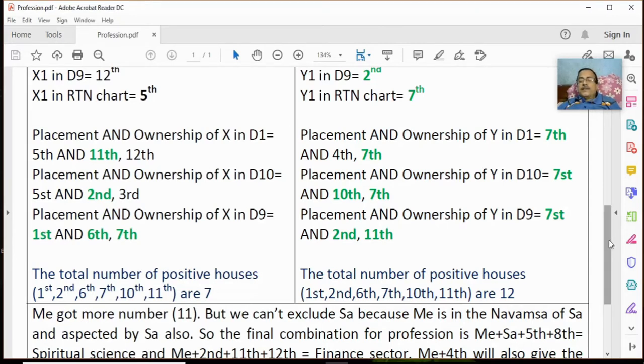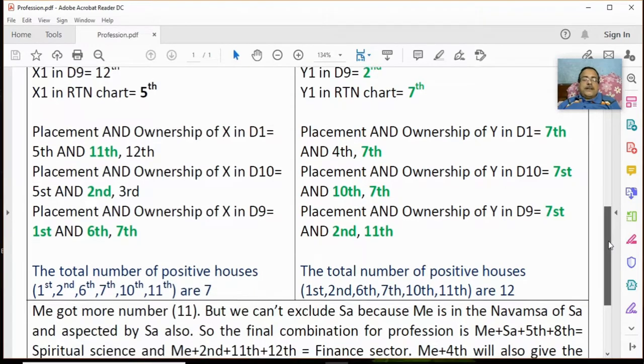Here, the positive houses for profession are marked with green color. I took the first house, 2nd, 6th, 7th, 10th and 11th house as the positive houses for profession. Why did I take the 7th house?